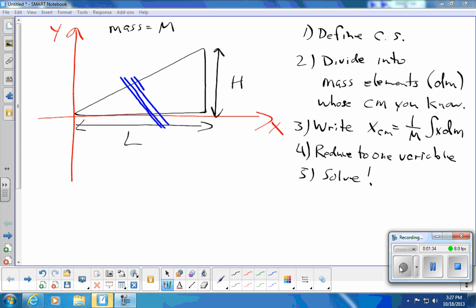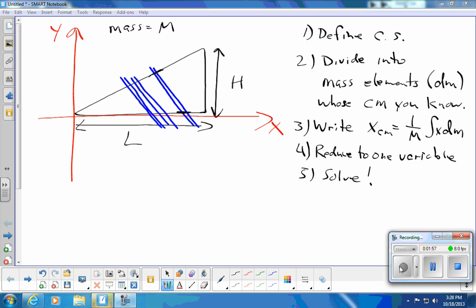If I were to cut it up along some weird angle like that, one of these very narrow pieces, an infinitesimally small amount of mass, between here and there, is a very nice thin piece of mass, but I don't know where the center of mass of that piece is.